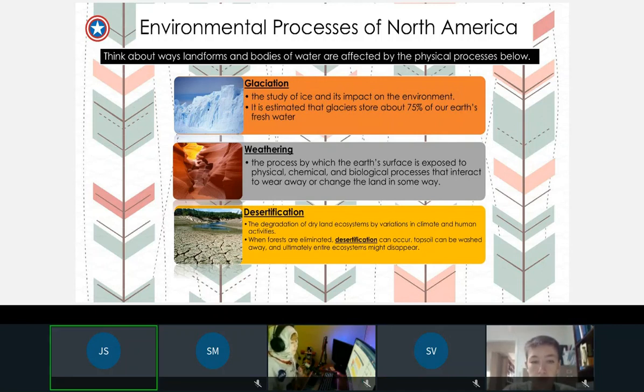What value does it give us besides the fact that we live on it and step on it and build our houses on it? Crops, plants, and animals. So when you have this process of desertification, what happens to our ability to grow crops and provide for animals and ourselves? If we don't have food, we can't live, right? So is the process of desertification good? This is a negative, right?